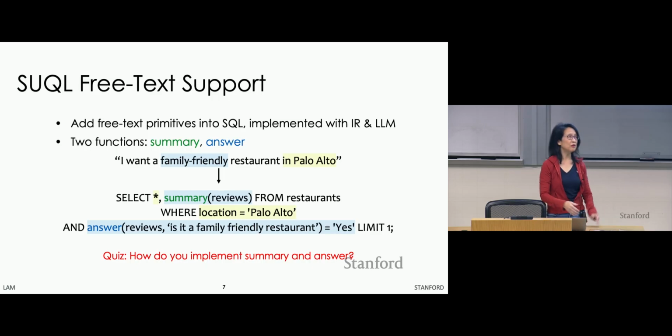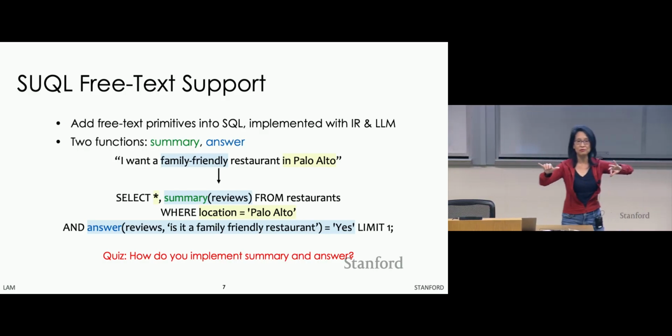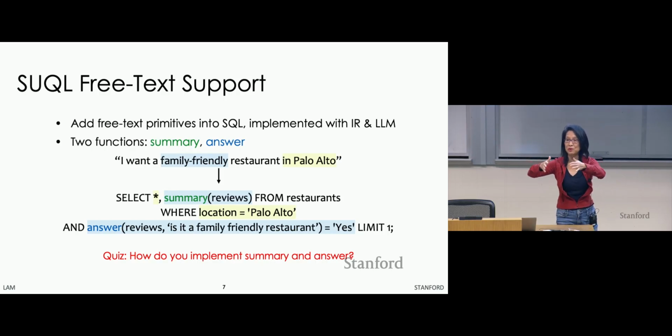Okay, so first of all, at the bottom, you are going to return a bunch of records. It has a reviews field, and there are many, many reviews. I'm talking about the reviews of the result that is returned by the SQL statement. You can try to summarize all of it, or if the reviews are rated, summarize the top reviews.